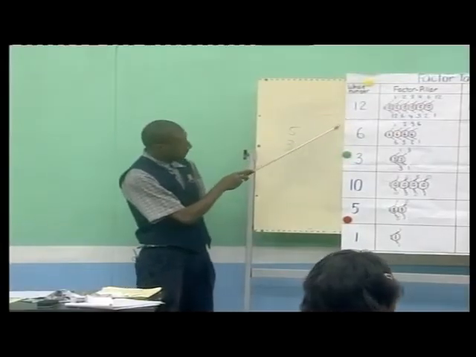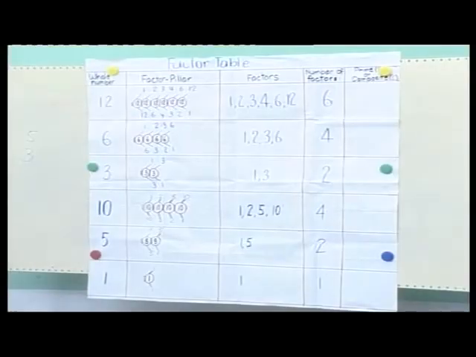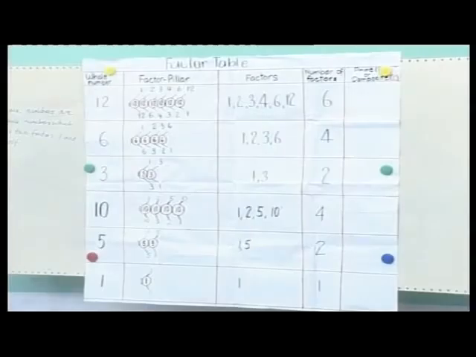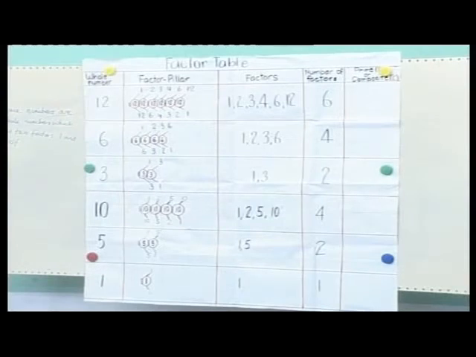Now let us look at which whole numbers have more than 2 factors. Give me the whole numbers which have more than 2 factors, from the factor table, from whole number 12 to 1. 12.